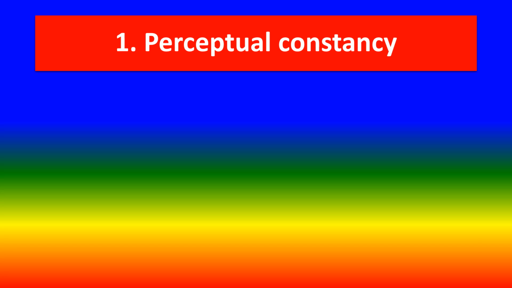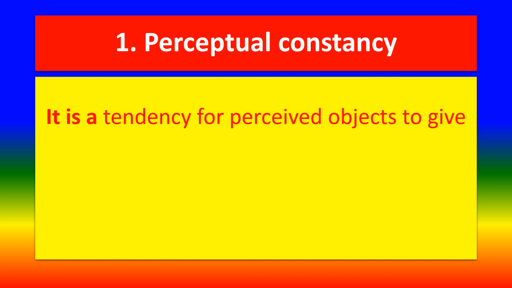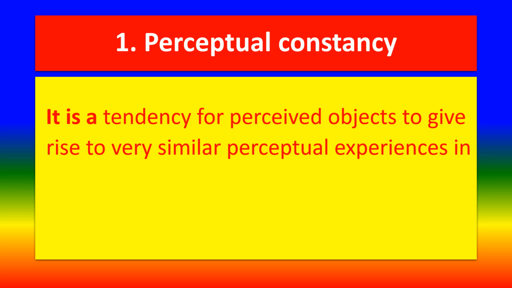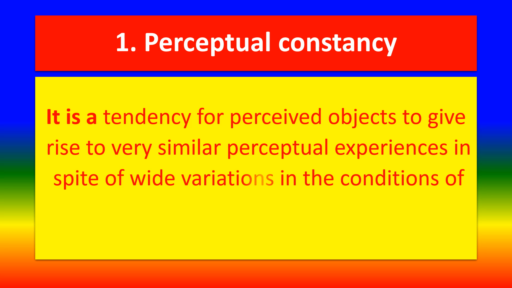First, perceptual consistency. It is a tendency for perceived objects to give rise to very similar perceptual experiences in spite of wide variations in the conditions of observation.